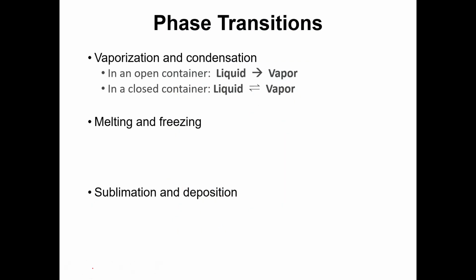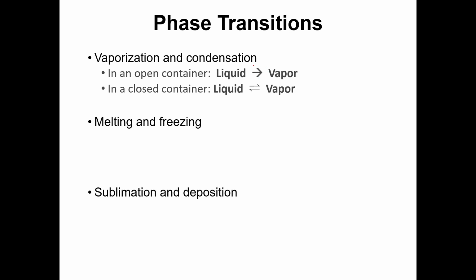For example, if we look at the phase change between vaporization and condensation, between going from a liquid to a gas, and we sometimes use the term vapor for gas. If we go from a liquid to a vapor in an open container, the vapor is going to escape into the atmosphere.